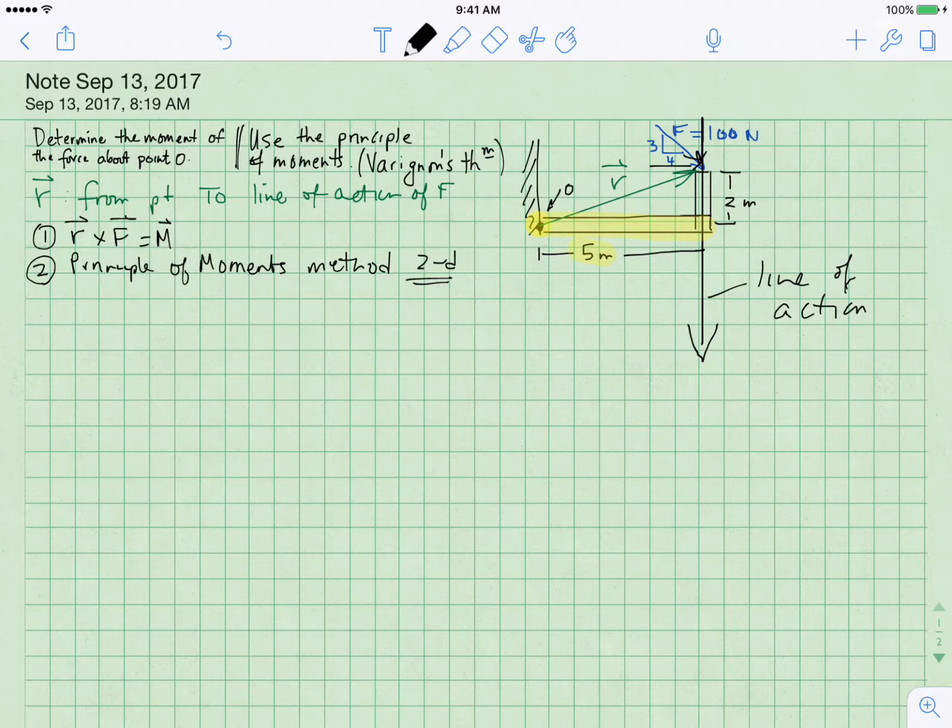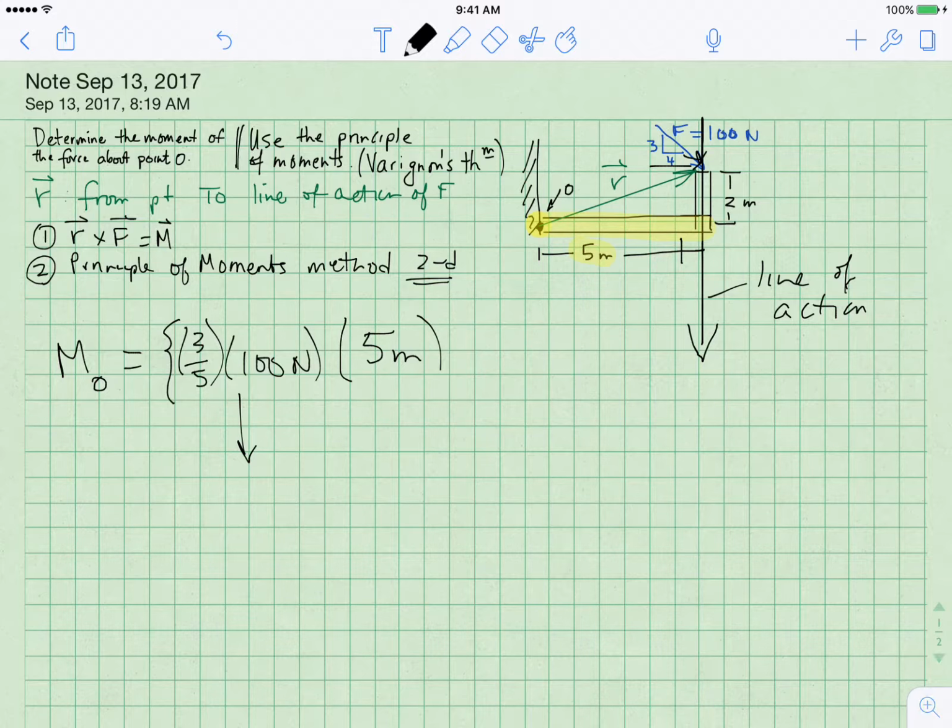All right, so let's articulate that. So what I have noticed is that the moment at O can be thought of as equal to two pieces. So piece 1 is going to be this 100 Newton force times the value of it that's going in the y direction. So that's the part that's going down, multiplied by 5 meters. Why 5 meters?